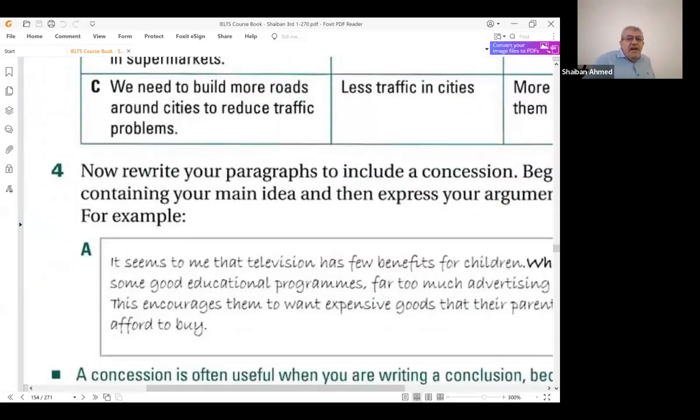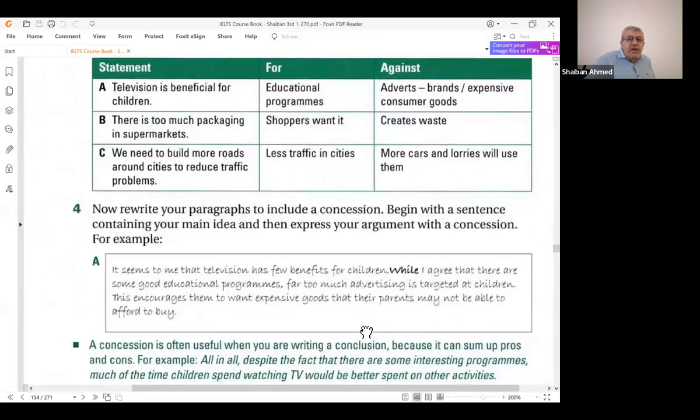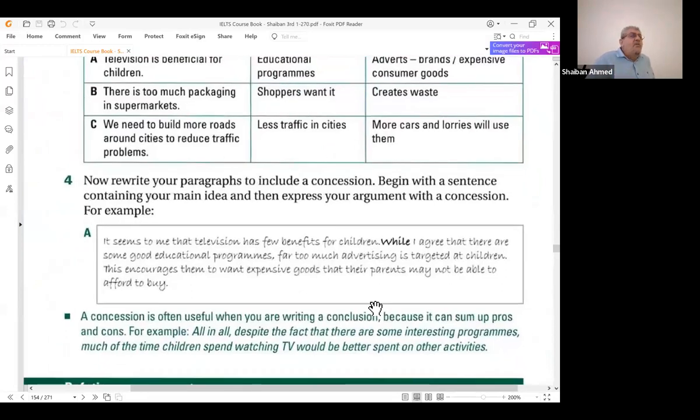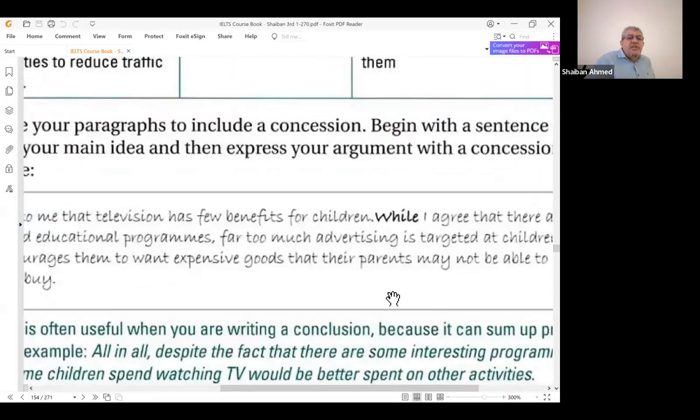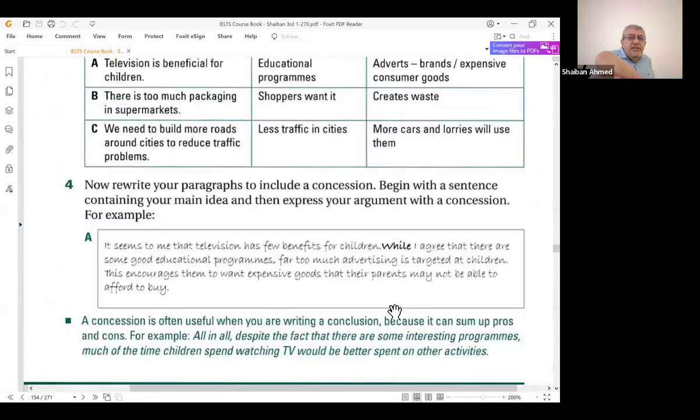Then before we finish, how to develop a fully developed concessional sentence.